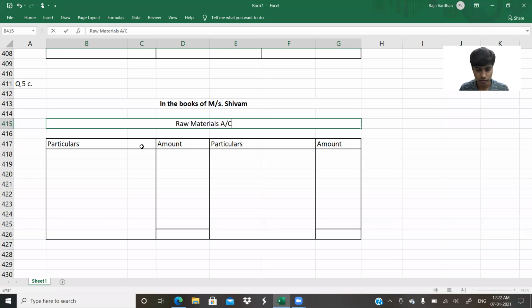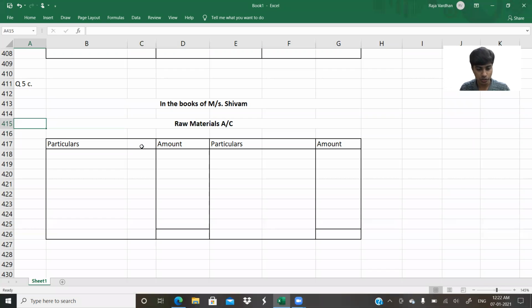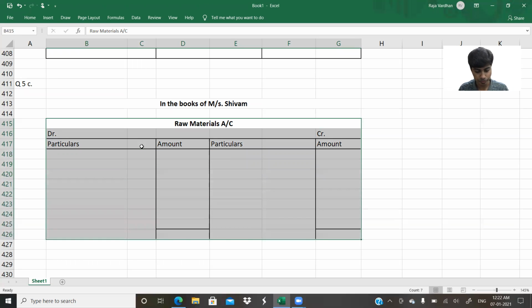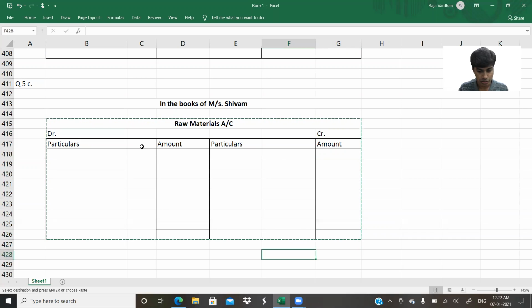Materials account, and I would have to continue and then prepare two more ledgers. I'll drop the format for one ledger, copy paste the same to make it up for other ledgers. So this is my raw material account. Copy, and here I go.